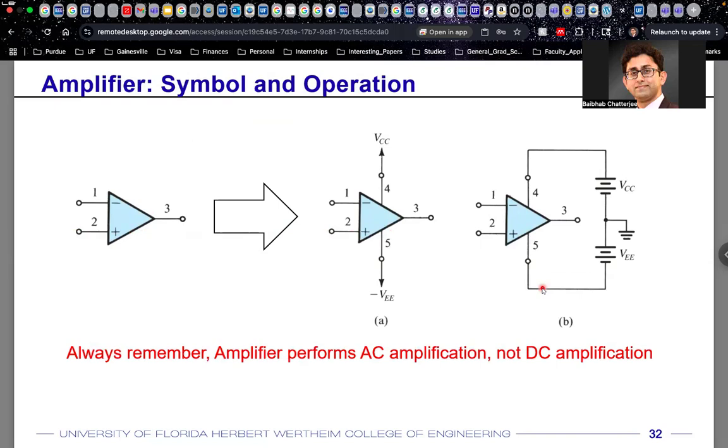Okay, now the next slide that you're seeing right now on the Zoom screen is something that we already talked about in the beginning of the lecture. Always remember, your amplifier performs AC amplification and not DC amplification. What you saw here was a few very simple examples of voltage division and current division. But we are calling the output quantity divided by the input quantity a gain. We did not have any active amplifier here.